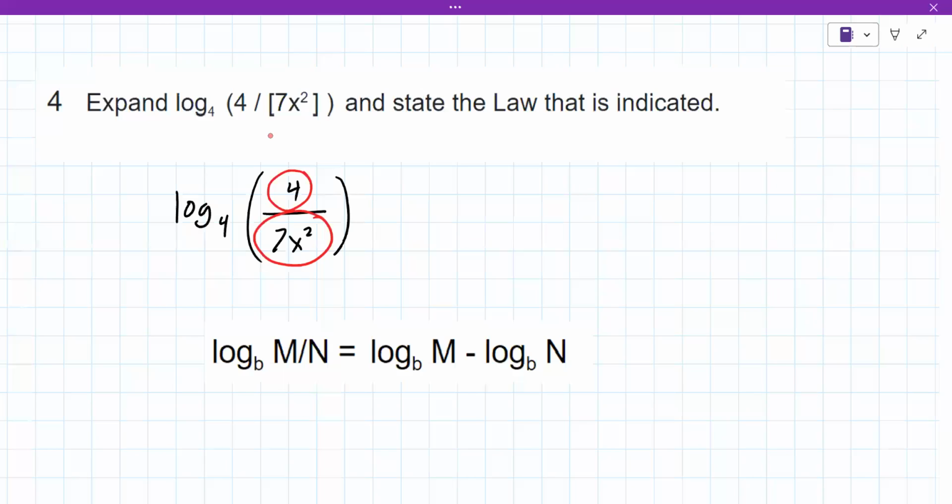Log base 4 of... how do you say that exactly? You say log base 4 of 4. Yeah, a 4. Okay, minus log base 4 of 7x to the power of 2. Good. Really good. Okay. So that's law 2.